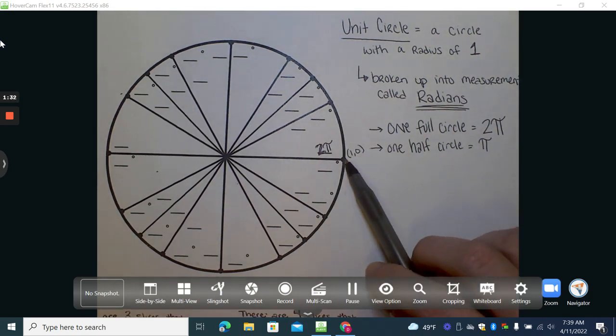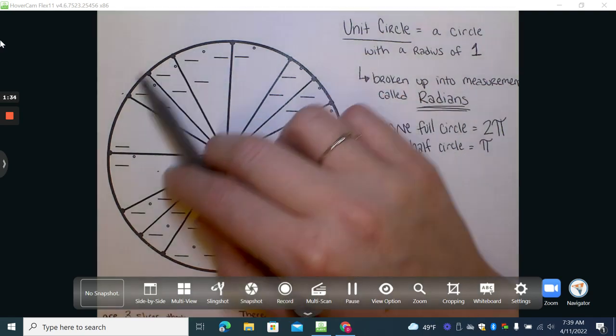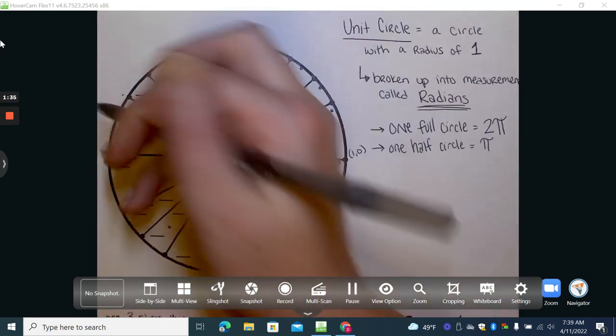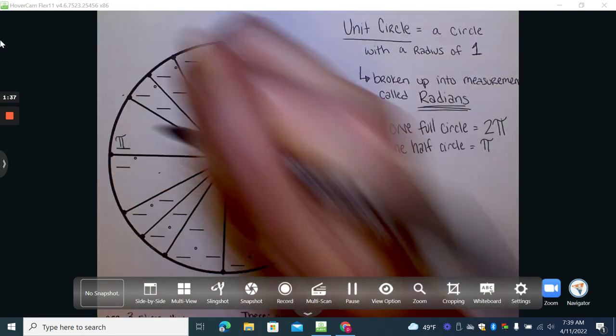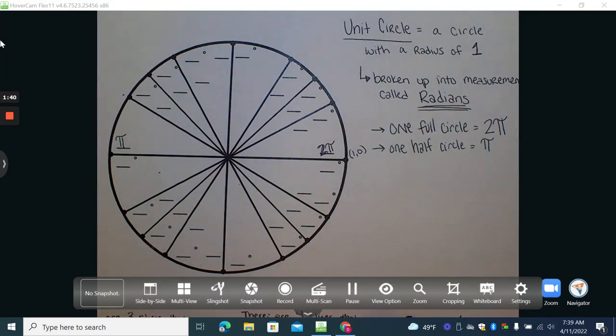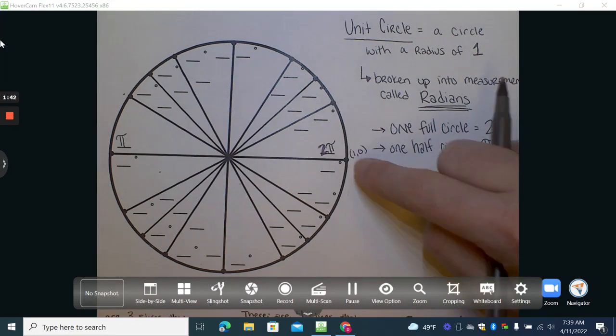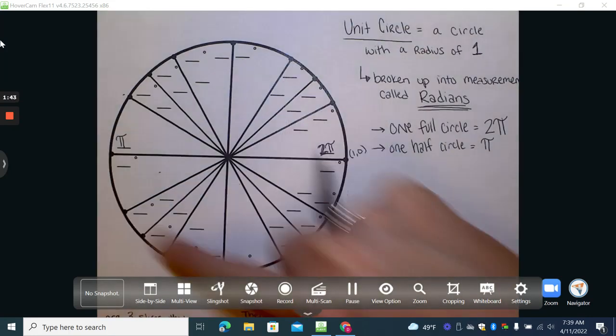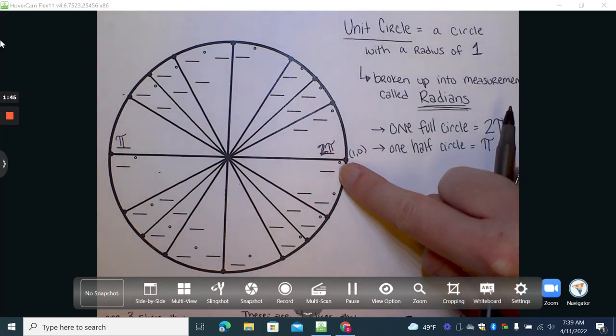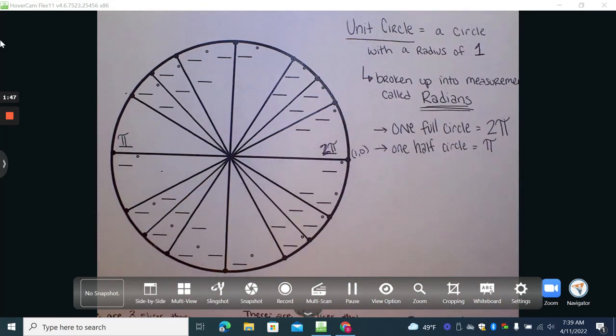So going from this point all the way over to this point is equal to pi. And I'm talking about circumference is what I'm measuring. So all the way around the circle is 2 pi, halfway around the circle is just pi.